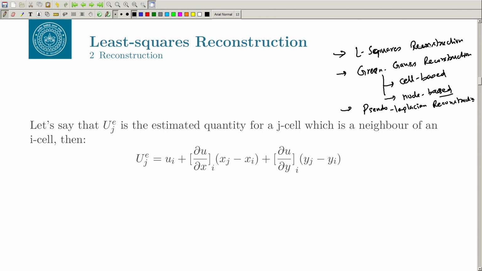So, how do we go about this least square reconstruction? First, let us discuss least squares. The least square, as we know, is a very general terminology, where you have a system which is over determined. That means, let us say the number of variables that you want to solve for is 3 and the number of equations that you have is let us say 10, or let us say 5. Then how do we get the 3 values that give you the least error while trying to satisfy these 10 equations?